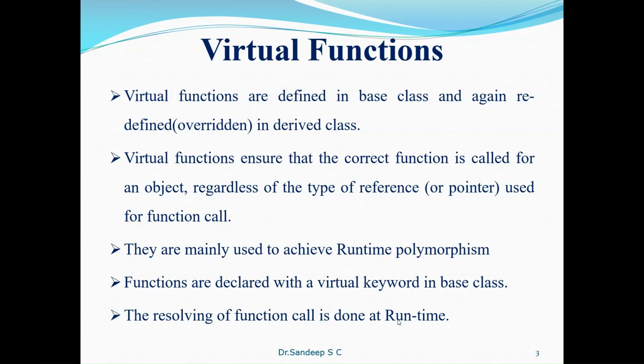Always the overridden function will be called, not the base class function. But with a virtual function, when a pointer is used to invoke it, during runtime it will decide which function is appropriate to be executed, and accordingly the function is invoked. So they are mainly used to achieve runtime polymorphism. Which function to be called will be decided during runtime.